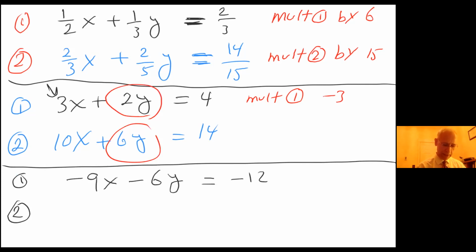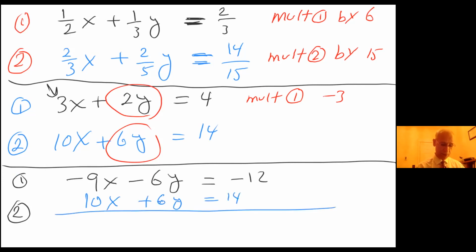And I'm going to leave the second one as 10x plus 6y equals 14. Now, if I combine them together, the y terms totally cancel, and I get x equals 2. So we successfully found x equals 2.